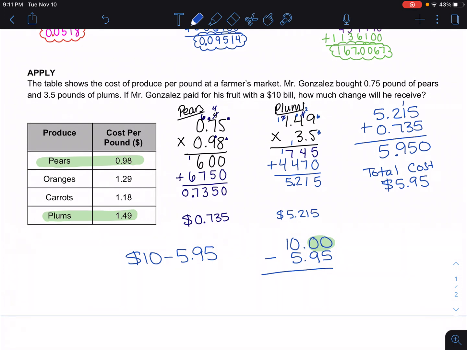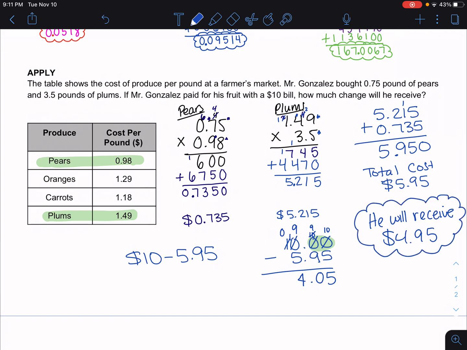So I have to borrow. So this becomes a 0. This becomes a 10 to become a 9. This becomes a 10 to become a 9. And this becomes a 10. 10 minus 5 is 5. 9 minus 9 is 0. And 9 minus 5 is 4. So he will receive $4.95.